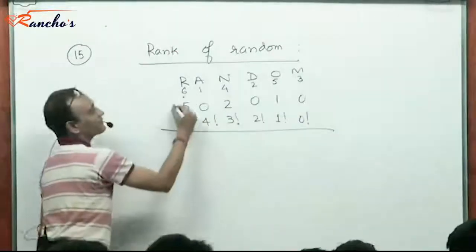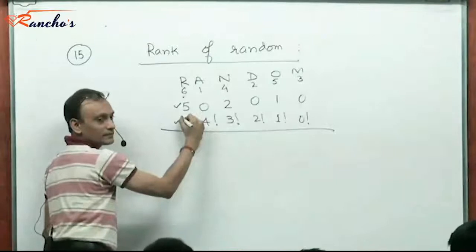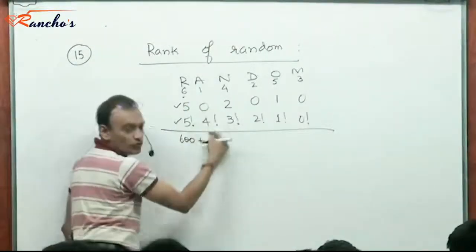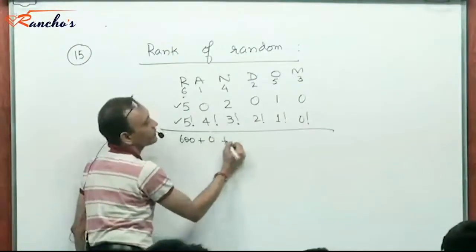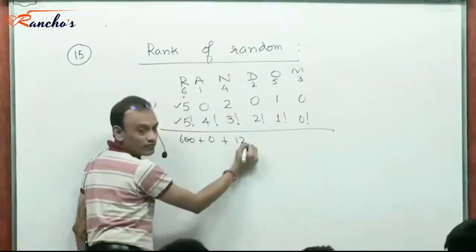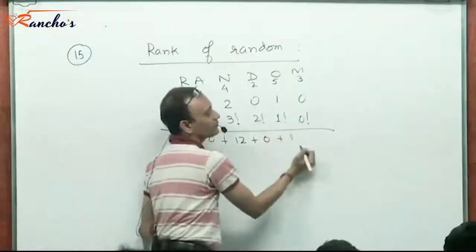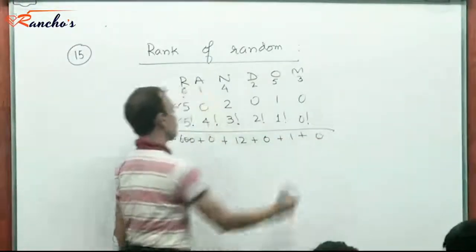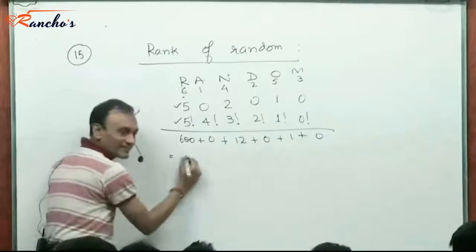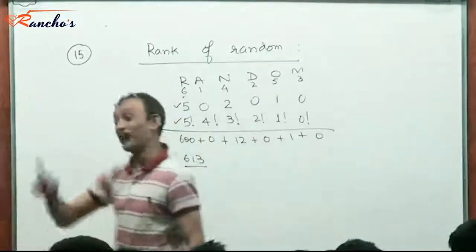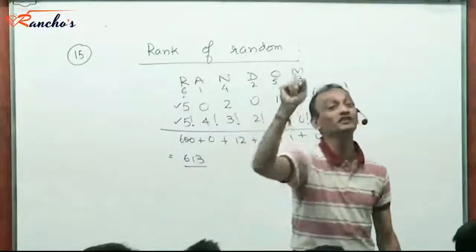And then this into this: 5 into 120 is 600, 0 into 4 is 0, 2 into 6, 12, 0 into 2, 0, 1 into 1, 1, 0 into 0, 0. 613. The rank will be 614. The rank will be plus 1, will be 614.